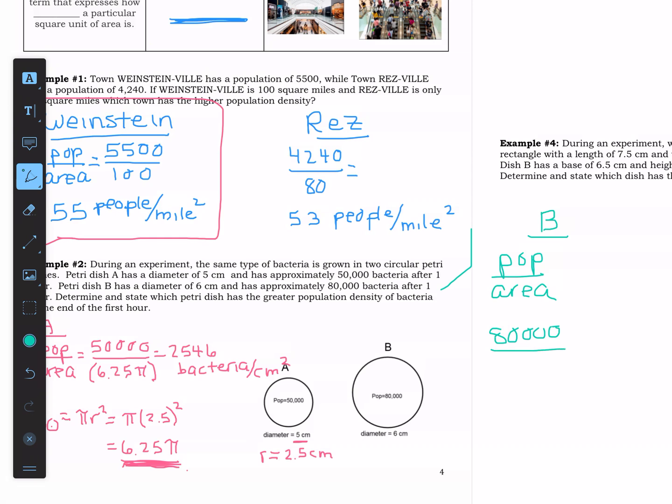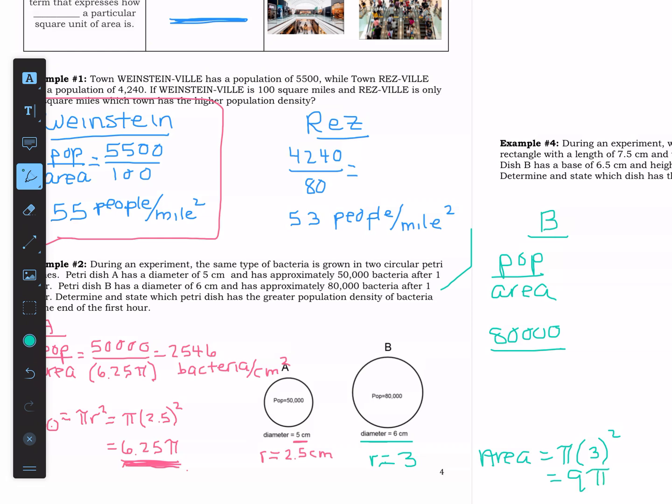And now they've told us here that the diameter is 6, which means that our radius is 3. So to get the area, we're just doing pi r squared, so pi times 3 squared, which is 9. So our area is 9 pi.